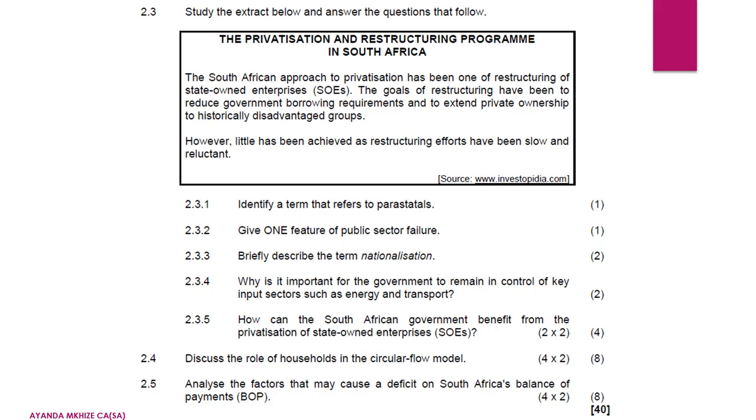By doing that, they are failing the SOE in terms of delivering the correct product or service to the users or consumers of those products. And they will not be held accountable for deciding not to buy the correct product. So that is why we're saying the failure is an issue of accountability and also of inefficiencies.